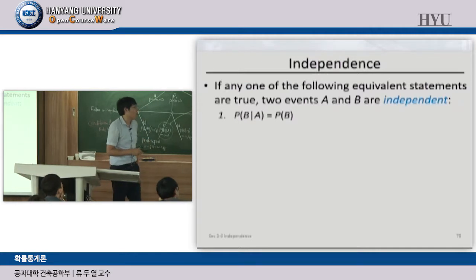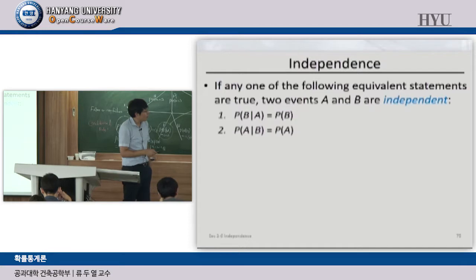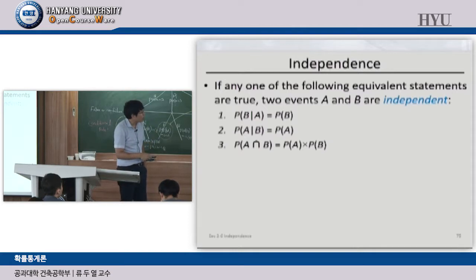First one is the conditional probability of B given A equals the probability of B. And the conditional probability of A given B equals the probability of A. And the probability of the intersection of A and B equals the multiplication of the probability of A and the probability of B. So if you obtain these three things, we can determine that the events A and B are independent.